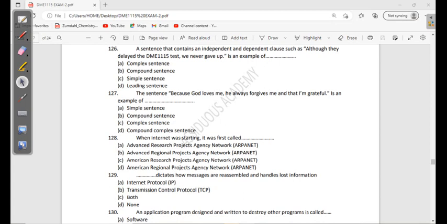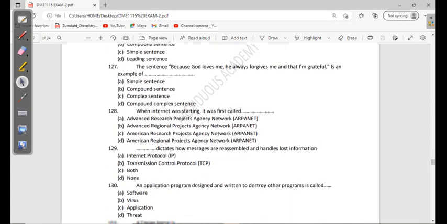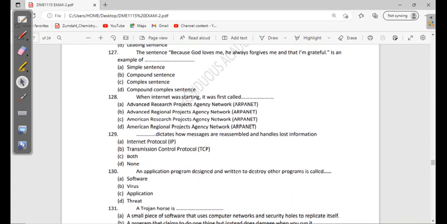Let's consider question 127. The sentence, "Because God loves me, He always forgives me, and I am grateful," is an example of a simple sentence, compound sentence, complex sentence, or compound-complex sentence. When you look at this sentence, we have three parts.